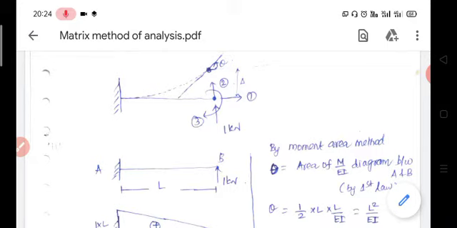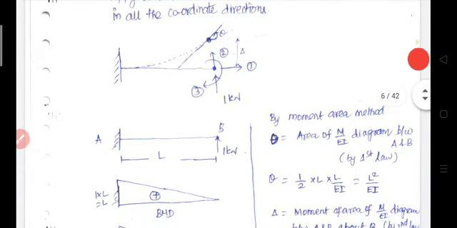In strength of materials we already studied different methods: moment area method, conjugate beam method, double integration method. Whatever it may be, you may use any method. In this case I prefer to use the moment area method, because for a cantilever kind of structure it is more convenient compared with the other methods.